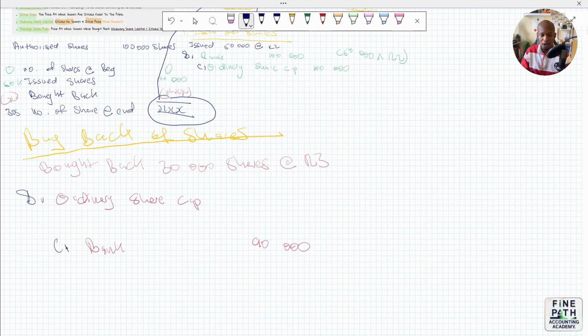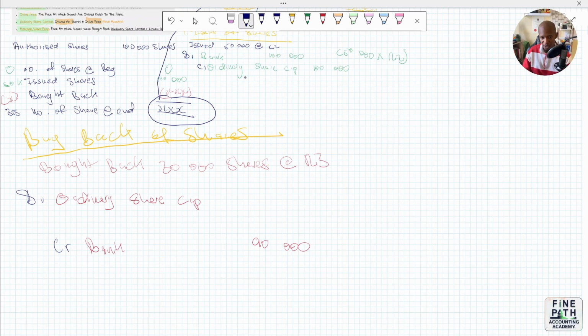Now the concept of the average share price comes into play. The ordinary share capital that we have there, we need to record it at the average share price. How do we get the average share price? The formula is the total of the ordinary share capital divided by the issued shares at that point.